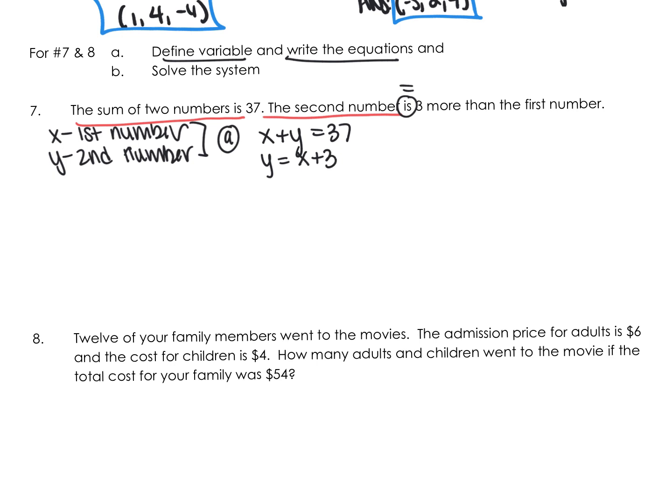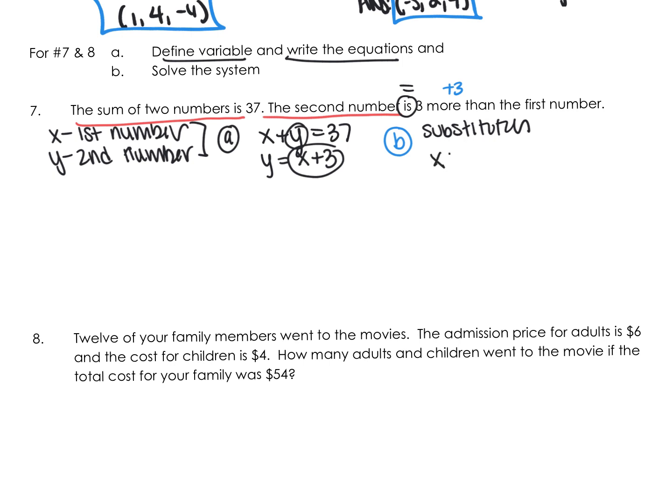And now for part B, we will solve, and remember 3 more here is just plus 3, right? Because if you have a number 5 and it's 3 more than that number, you would add 3. So for B here, we can use substitution. And so we'll plug this in here for y.